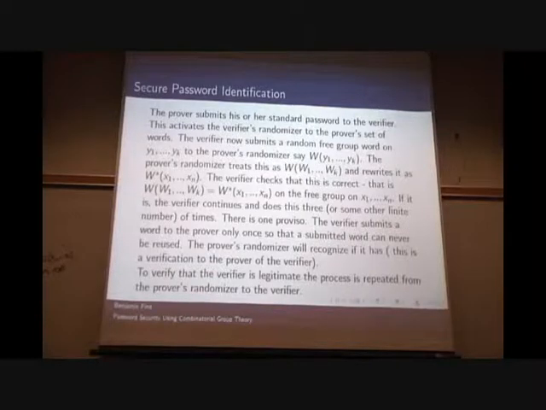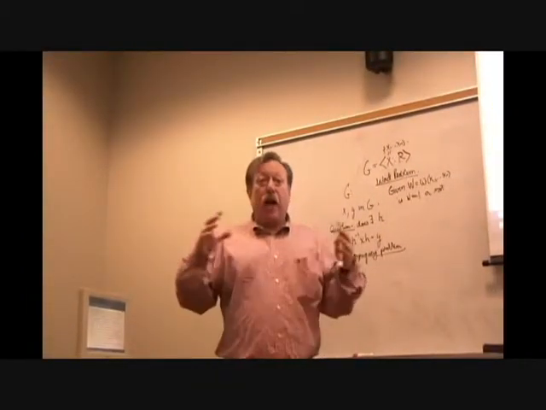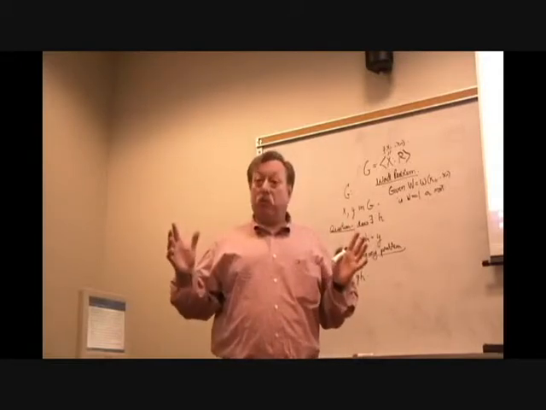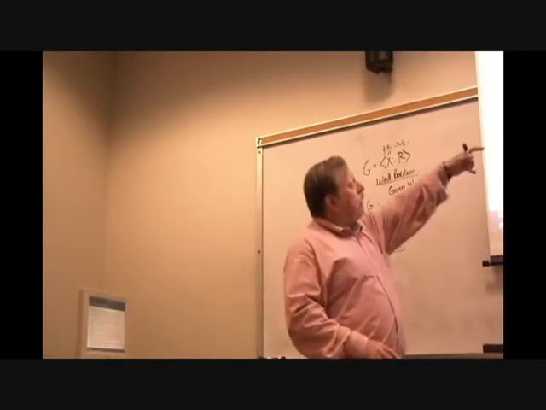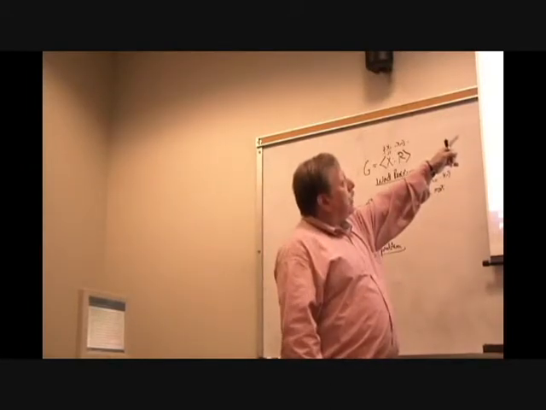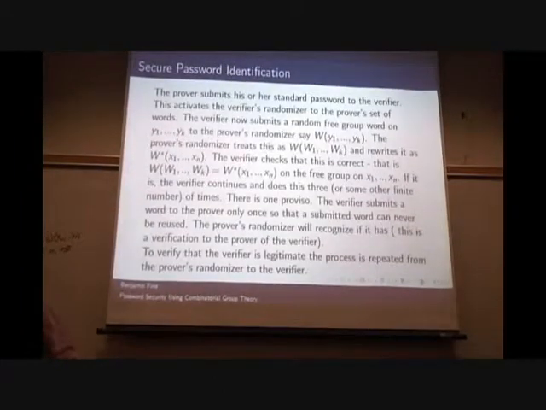The prover then treats that word as a word in their generators, W1 up to WK. So they're evaluating that free group word in a subgroup. But that random free group word is now a giant word in the original X's, which has cancellation and so on. So what the prover does is rewrite it, do all the cancellation, and send it back as a word not in the Y's but a word in the X's.